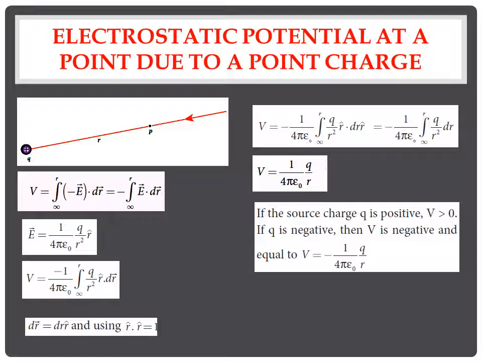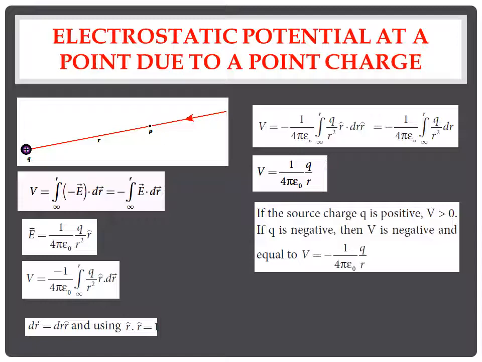Now we know from our previous equation that the electric field is going to be represented as 1 by 4 pi epsilon naught Q by R square. Just substitute that value over there. So instead of E vector, you write it as 1 by 4 pi epsilon naught Q by R square.